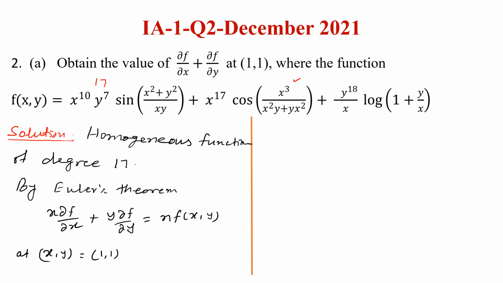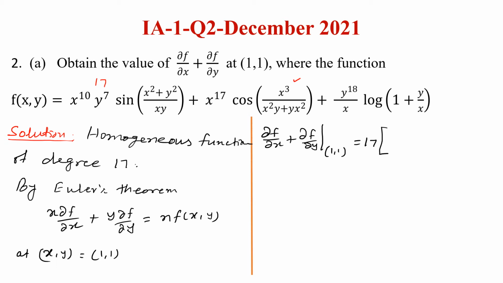By putting x and y as 1, it will directly give del f upon del x plus del f upon del y at the point (1, 1). Here n is 17, so you can take the 17 directly, and now you can apply x equal to 1 and y equal to 1.